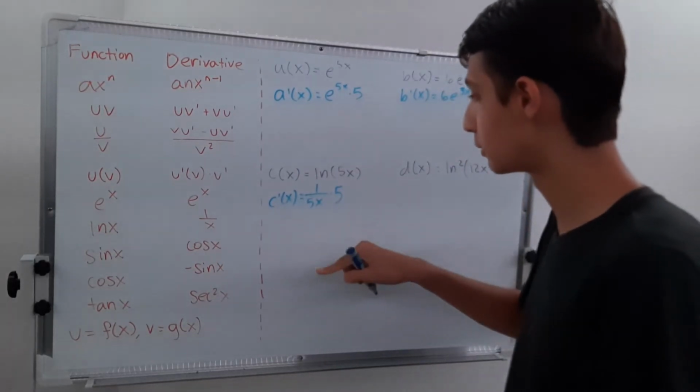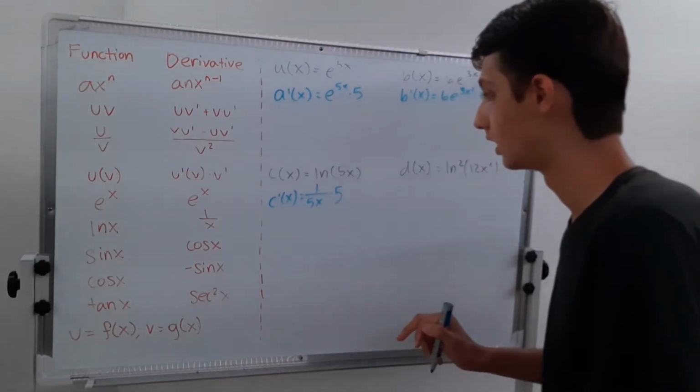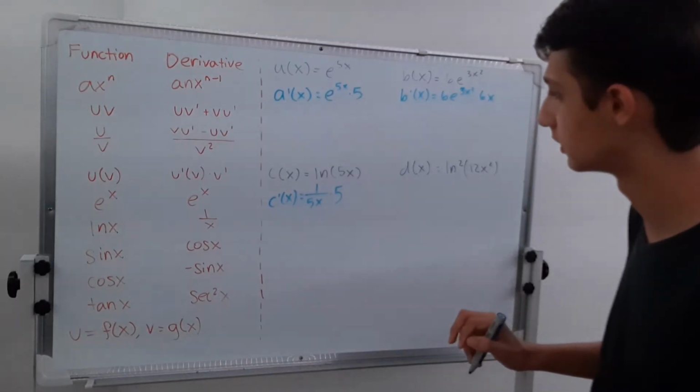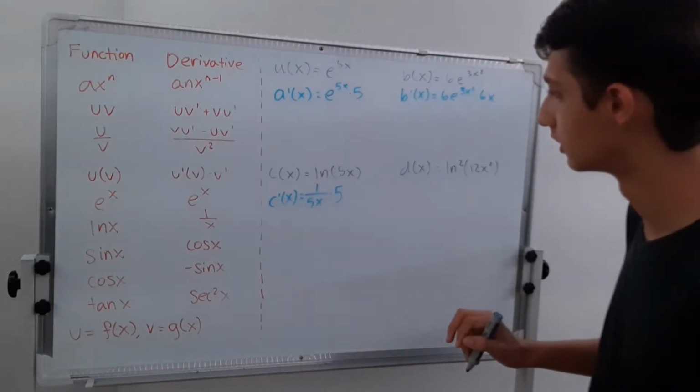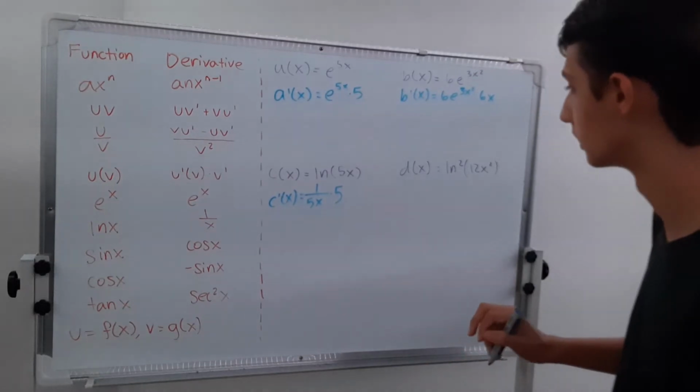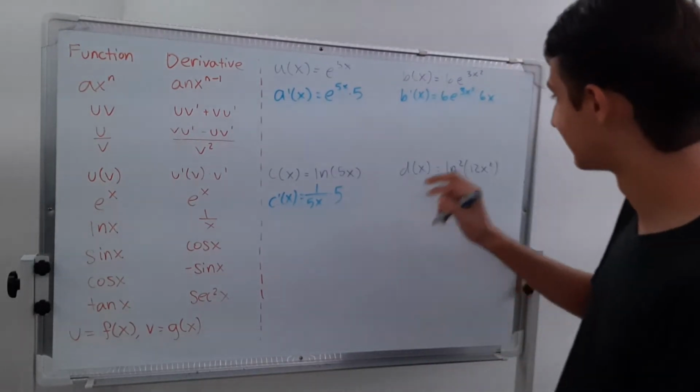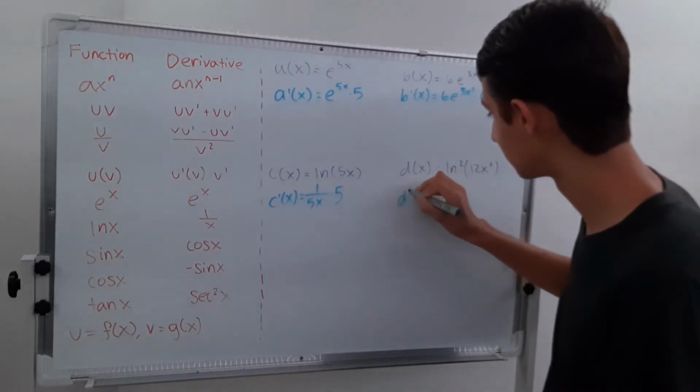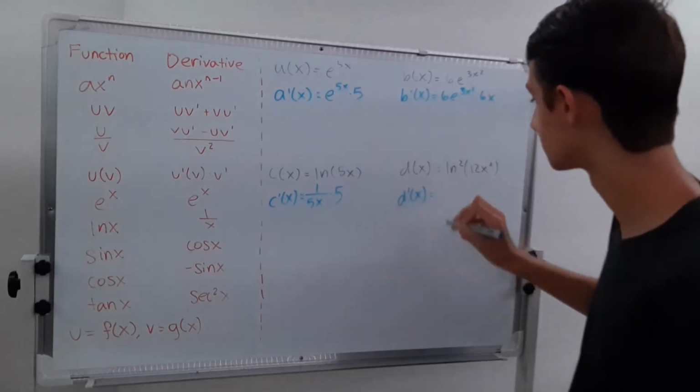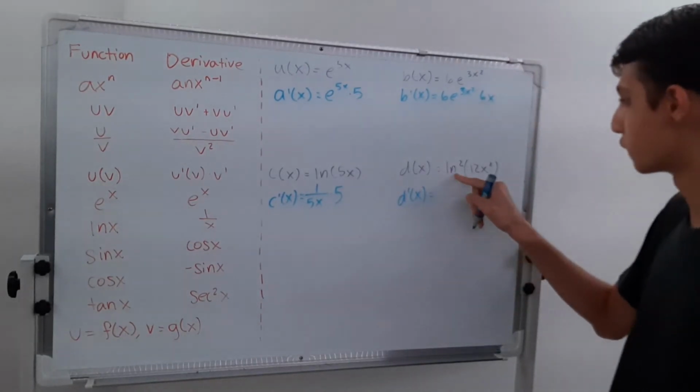And 5 divided by 5x is just 1 over x. Did I do that right? Yeah.